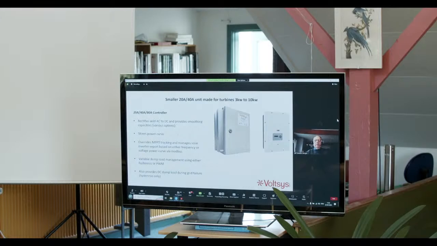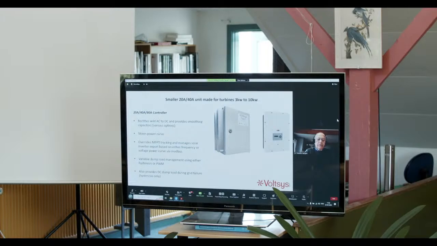So then we developed a rectifier controller, because obviously a lot of wind turbine manufacturers didn't make their own rectifiers and dump loads. So the rectifier takes wild AC and converts it to DC and provides smoothing capacitors. And we have various options of smoothing capacitors depending on the number of pole pairs in the generator and the frequency at which it's running.